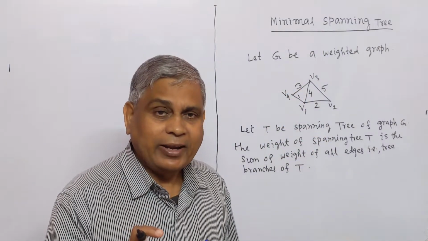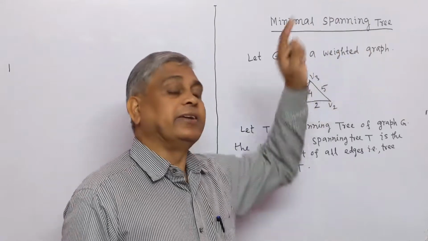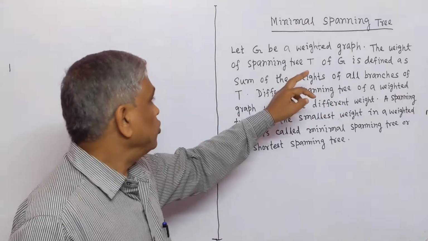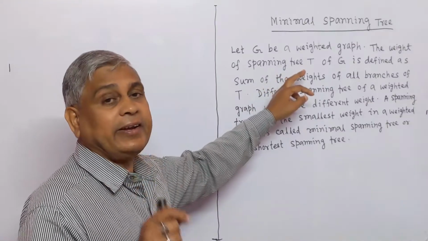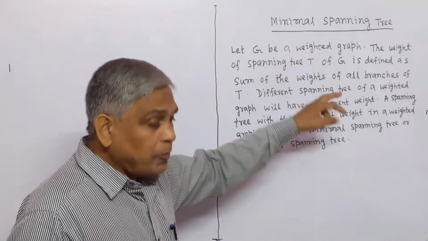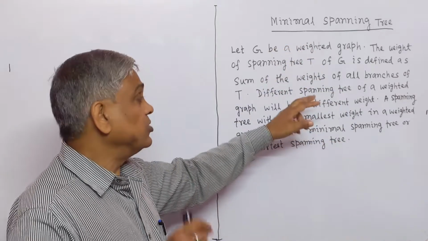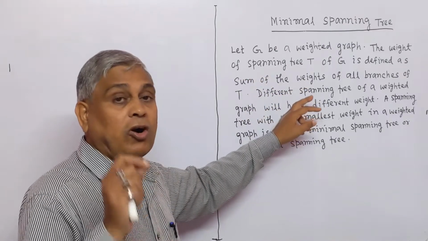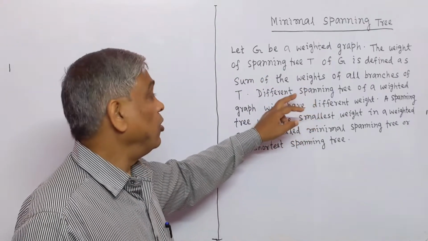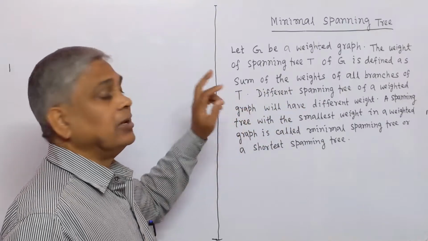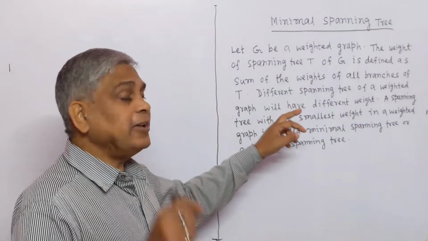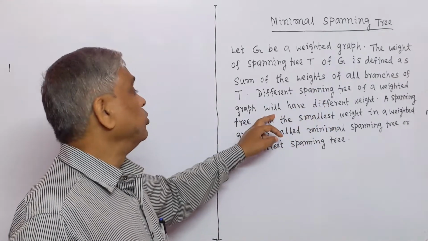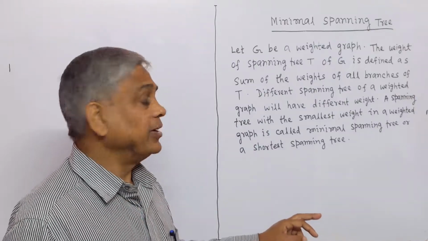Now we define minimal spanning tree. Let G be a weighted graph. The weight of spanning tree T of graph G is defined as sum of the weights of all branches of the spanning tree T. Different spanning trees of a weighted graph will have different weight.